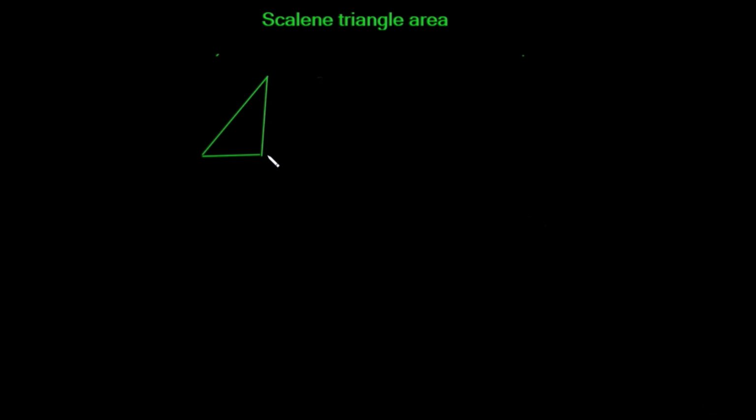Now, if I do a dotted line and project that down here, and consider that as the whole triangle, which it isn't, it's the artificial one, and subtract from it that area there, I end up with this area here. That is what we're going to be doing. So we're going to be working out the area of two triangles, the whole thing and this little bit here. That is the method we're going to be using.